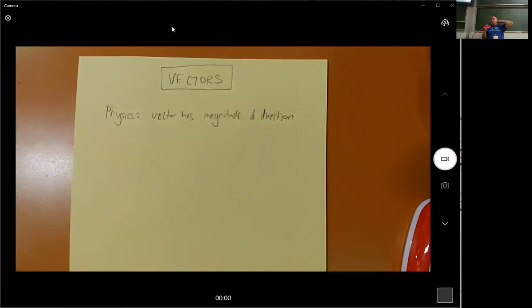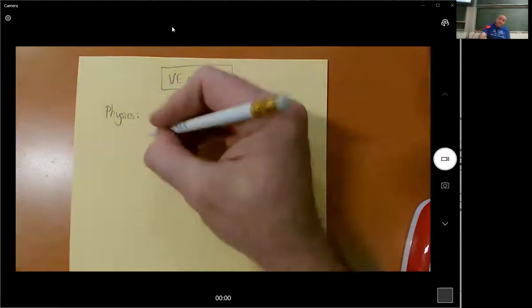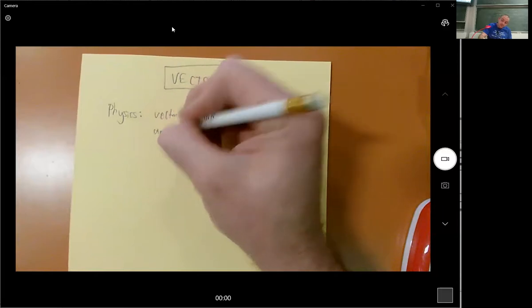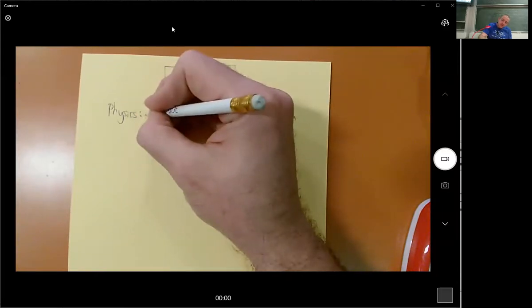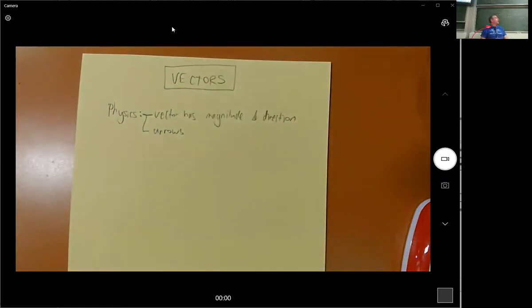Electrical field strength, and everything has magnitude and direction, and they tend to be represented with arrows.